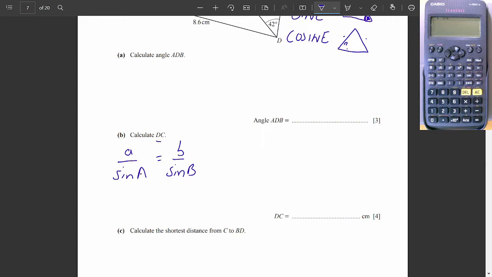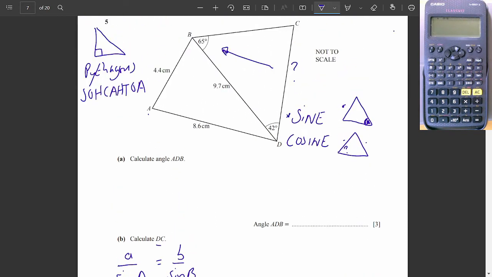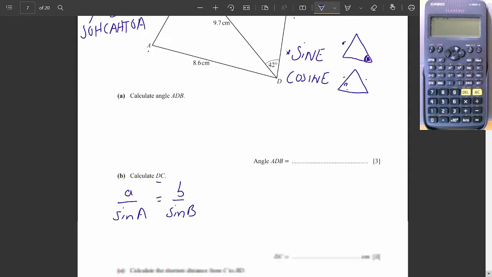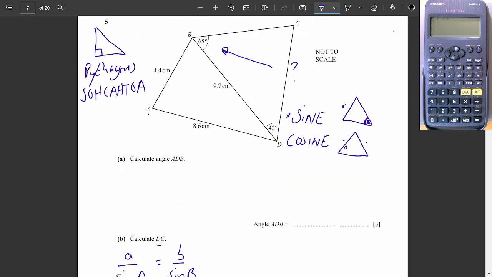And we can write it the other way around. We can put the sin A and the sin B at the top and the A and the B at the bottom. But the reason I put this A at the top is because we want to work out a side, so that makes it easier to put the value at the top. So the side we want to work out is side DC.